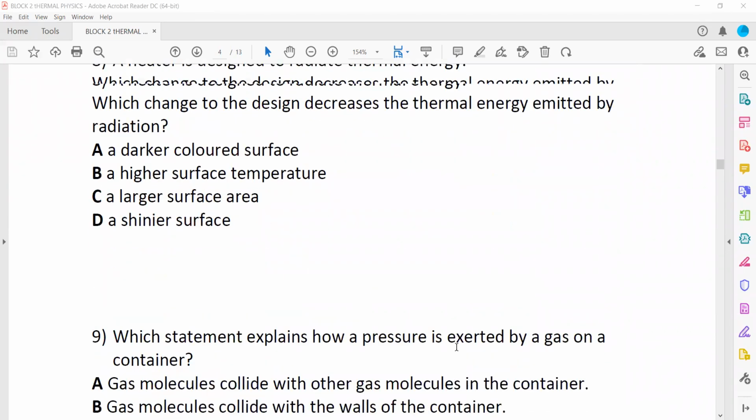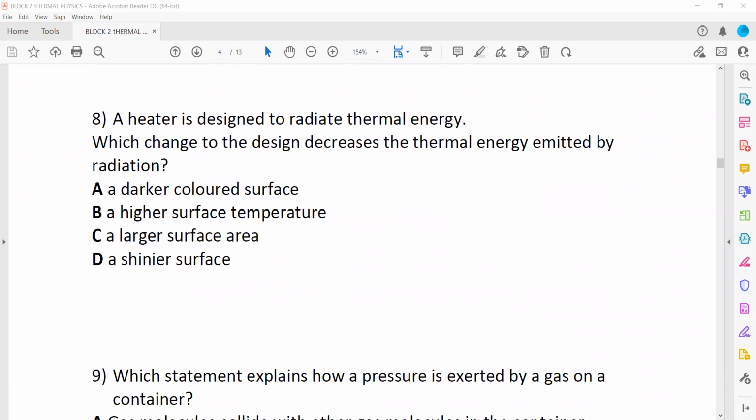In question 8, a heater is designed to radiate thermal energy. Which change to the design decreases the thermal energy emitted out? We want to reduce the energy emitted from the heater.